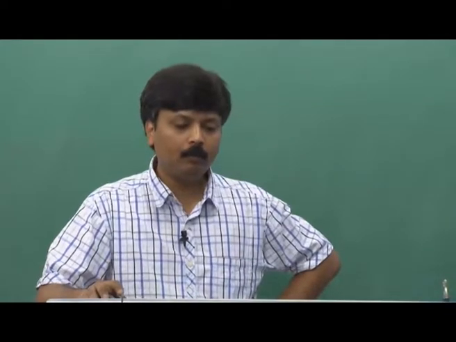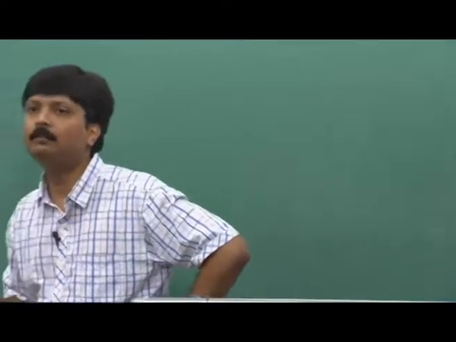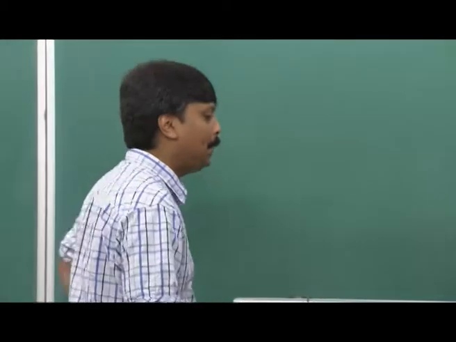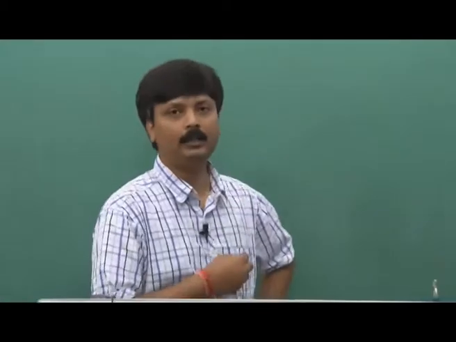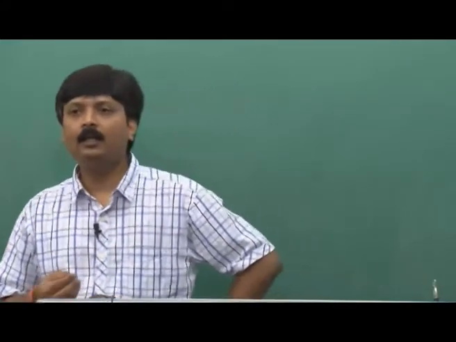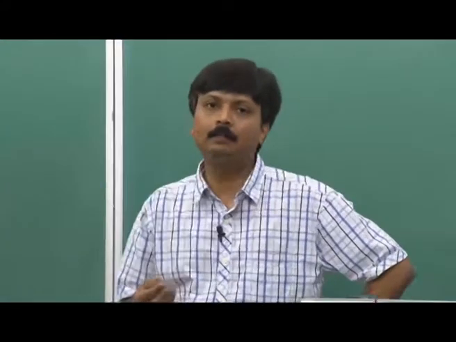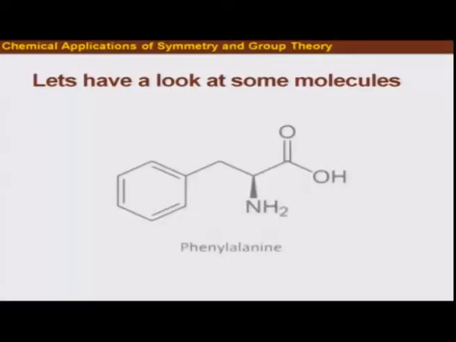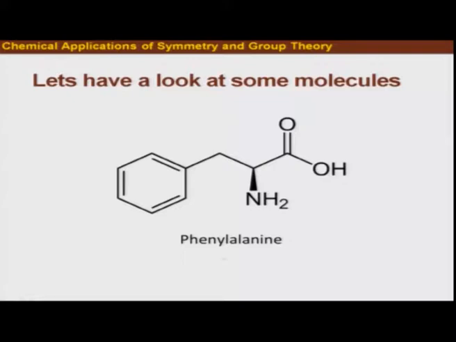Now, ultimately we are going to deal with the symmetry of molecular systems, right? So, let us have a look at certain molecular structures, and then let us see if we can comment about their symmetries. Okay? So, let us have a look at a molecule called phenylalanine.